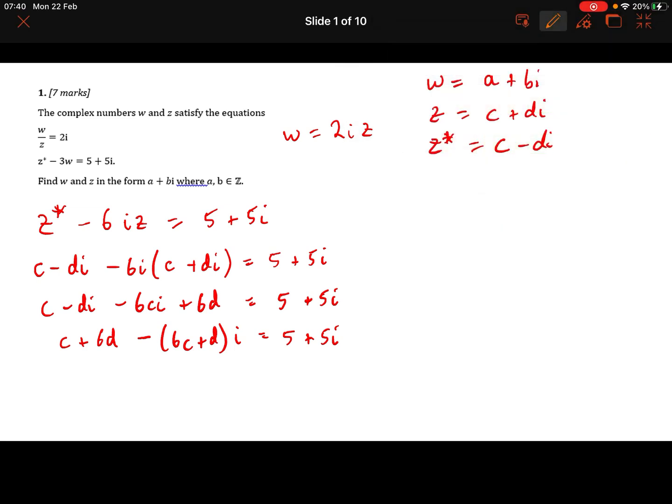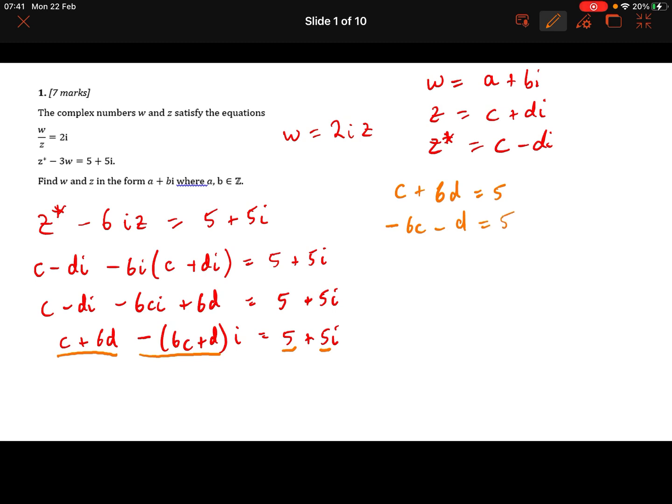Now both sides of the equation are written as a real part plus an imaginary part, so we can match them. The real parts: c plus 6d must be equal to 5. And the imaginary parts: minus 6c minus d is equal to 5.